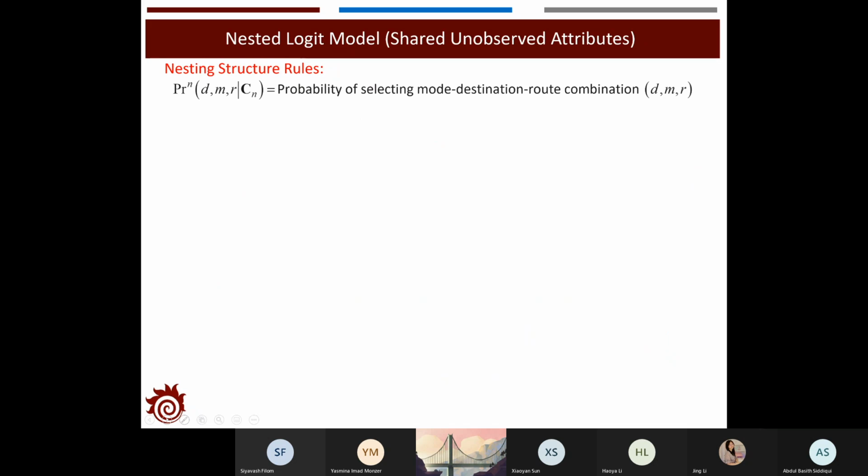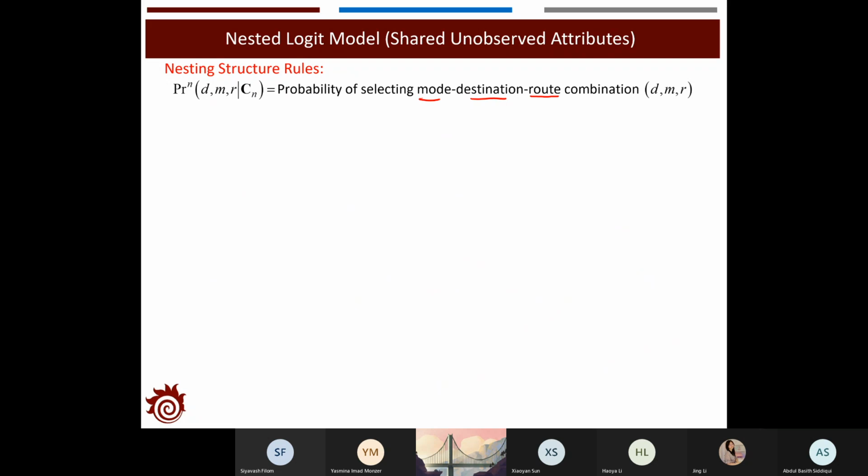And we also can have the extension for the higher dimensions. We will consider the combinations of the mode, destination, and the route: what kind of destination you want to take, what kind of transporting mode you want to use, and which route you want to take to reach your destination.